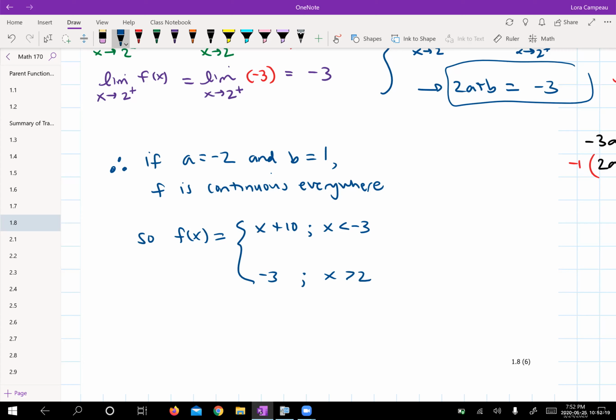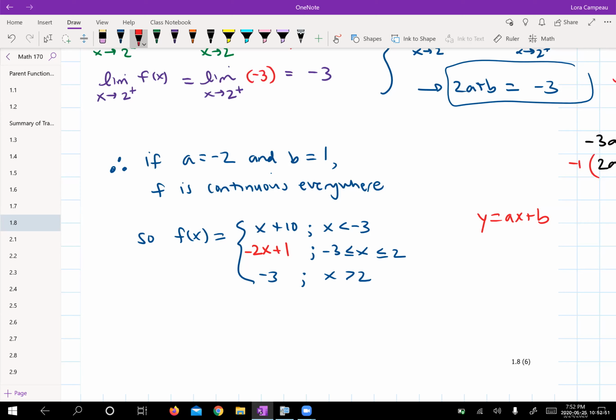But we were dealing with what to write for all the values of x between -3 and 2, including -3 and 2. And remember, it was ax plus b. So if A was -2 and B was 1, your line would connect those two pieces.